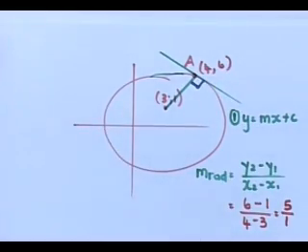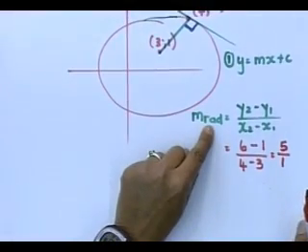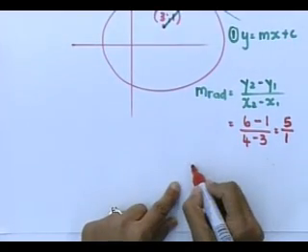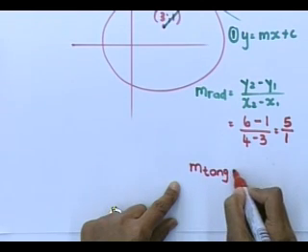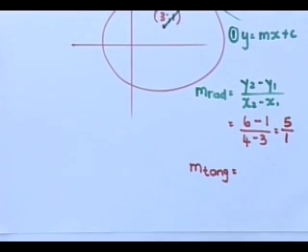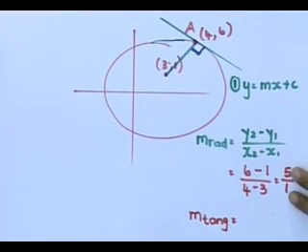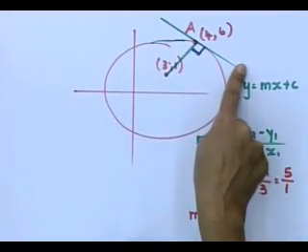So what did we work out first? We worked out the gradient of the radius, which is 5 over 1. Now what will be the gradient of the tangent? Guys, think for me quickly. What is the gradient of the tangent? I need to reciprocate. I need to turn this around because the lines are perpendicular.